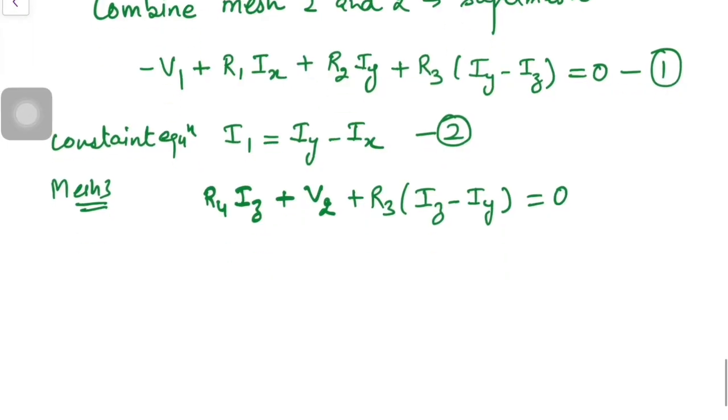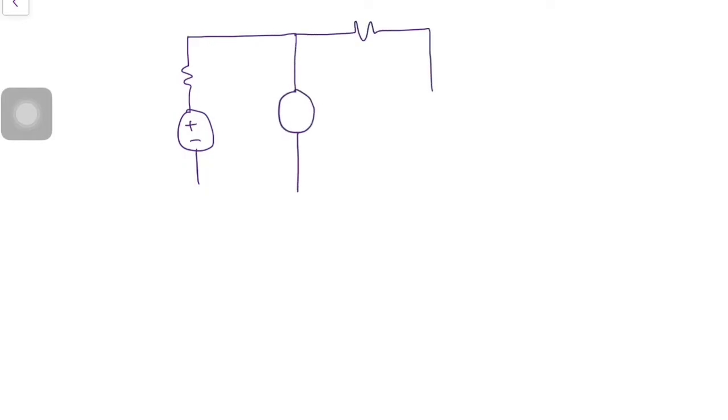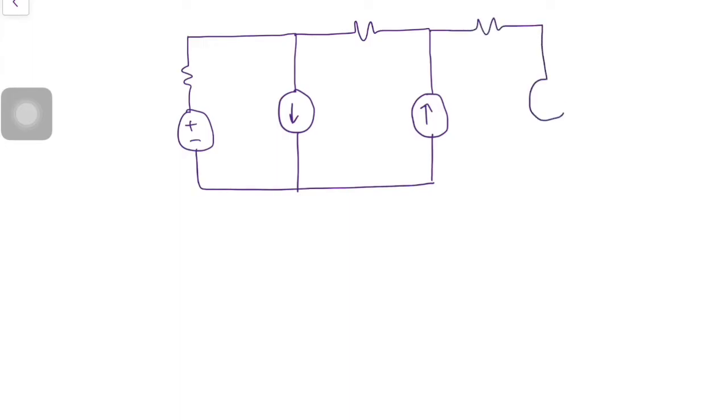We can also have the case when we are having three meshes, like if we are having the same circuit with a little change. Now what is that little change? That we are having another current source which is now common to mesh 2 and 3 as well.